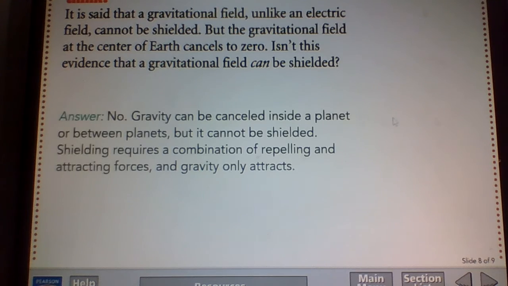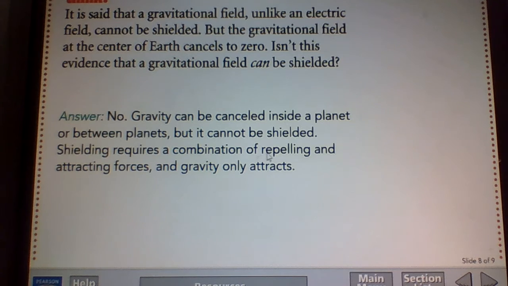So it's said that a gravitational field, unlike an electric field, cannot be shielded, but the gravitational field at the center of the Earth cancels to zero. Isn't this evidence that the gravitational field can be shielded? And the answer here is no, because gravity can be canceled inside a planet or between planets, but it can never be shielded.